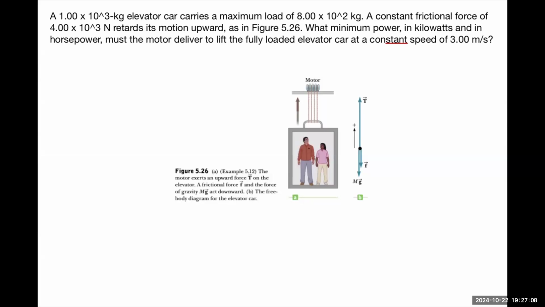So when something is going with a constant speed, what does Newton's first law of motion say? An object at rest will remain at rest, and an object in motion will remain in motion with constant velocity. Yeah, there you go.